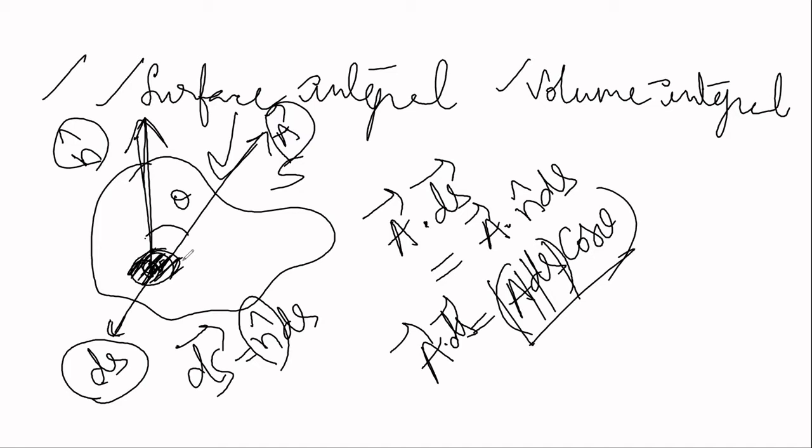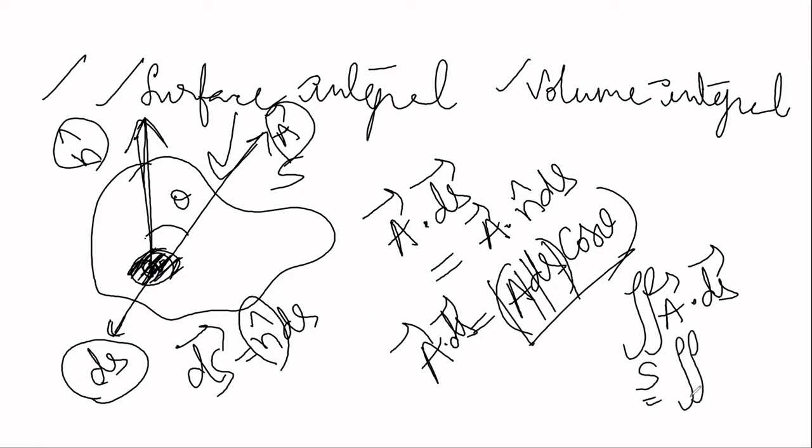Now the total flux of the vector field across the entire surface area S is given by the surface integral of A bar dot ds bar, equal to the surface integral of A cos theta into ds. A bar dot ds bar is equal to A ds cos theta.